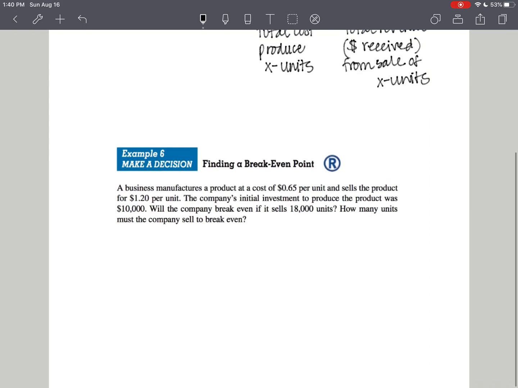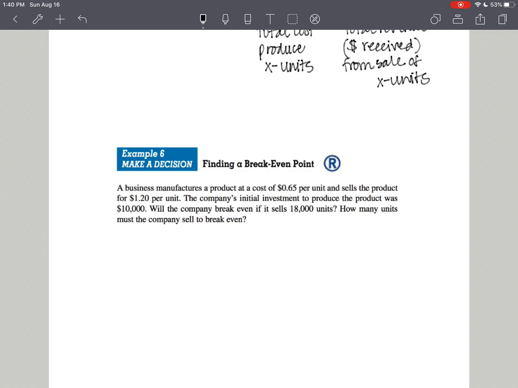Okay, make a decision. A business manufactures a product at a cost of 65 cents per unit, sells the product for $1.20 per unit. The company's initial investment to produce the product was $10,000. So it cost them 65 cents to make one unit. It sells for $1.20.